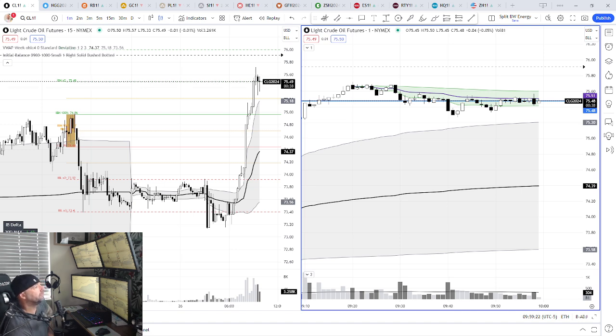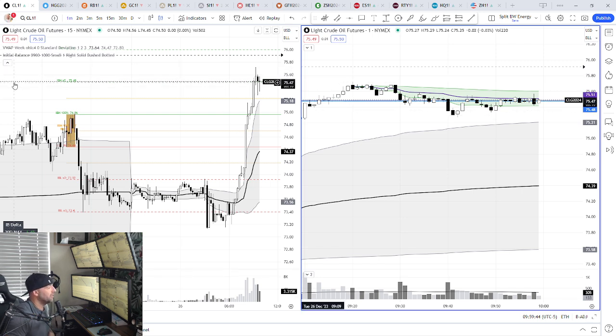So we have gold coming up to a value area low from earlier. Platinum's back at VWAP. ES just bounced off of VWAP. And I'm sitting here trading oil, which has the smallest range out of everybody. So I'm going to get away from oil for a little bit.